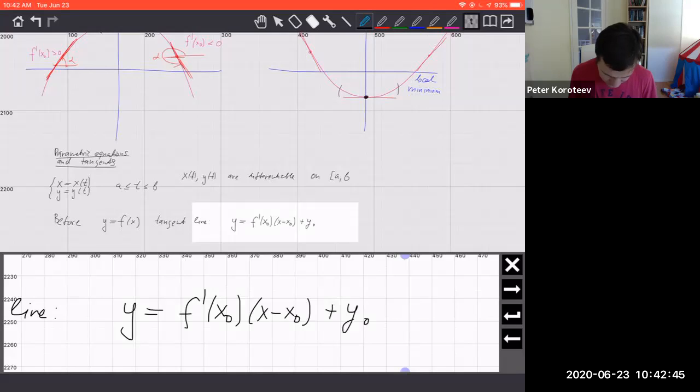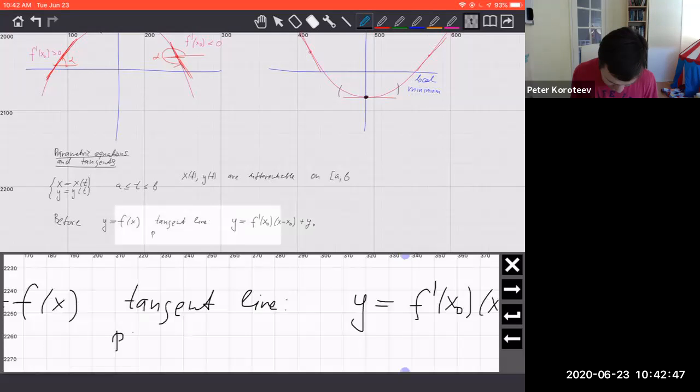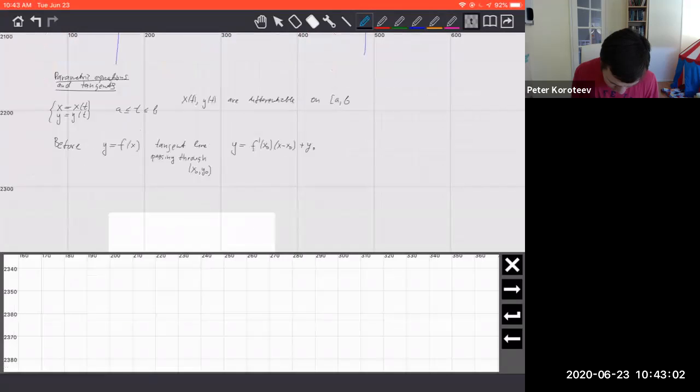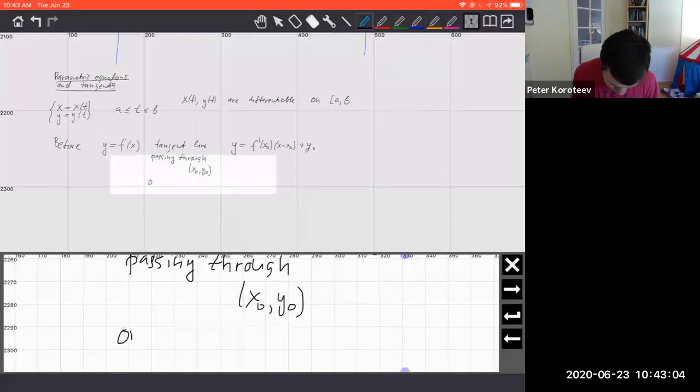And so it's a tangent line passing through point x0, y0 on the curve y equals f of x.